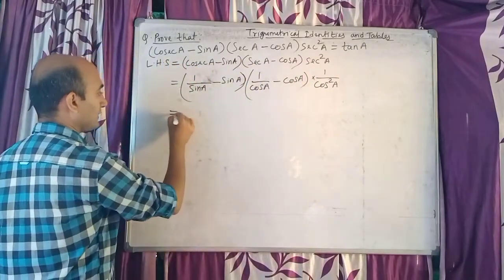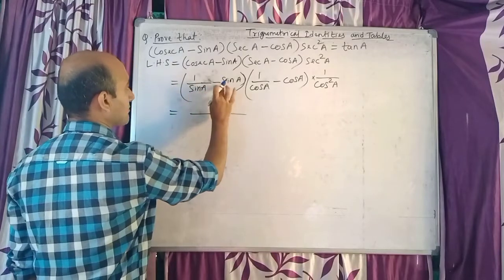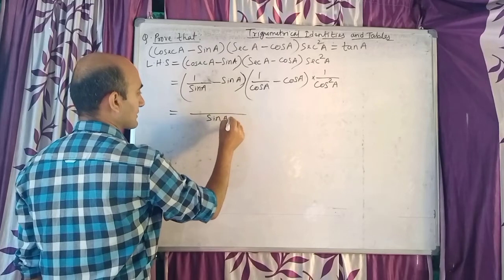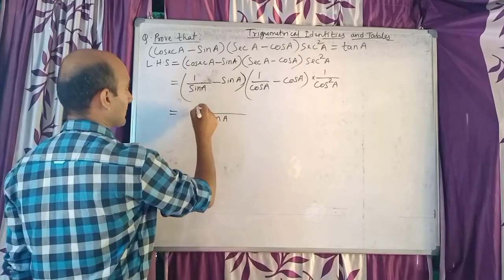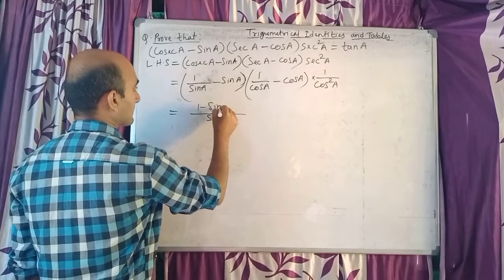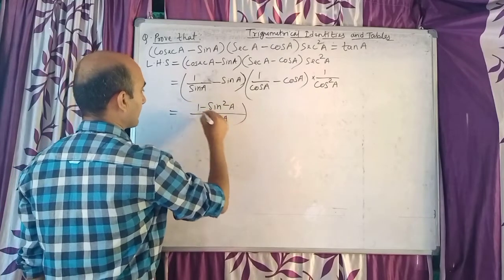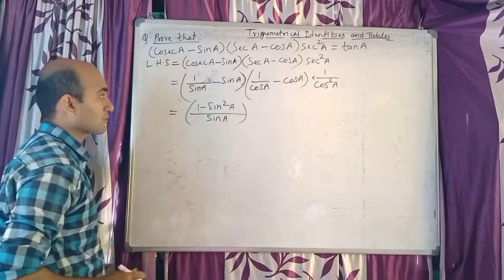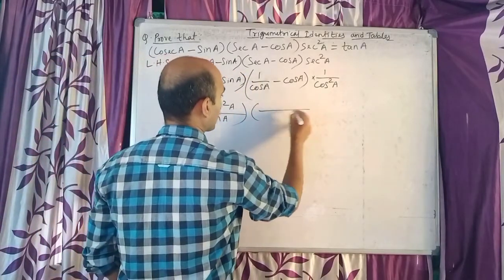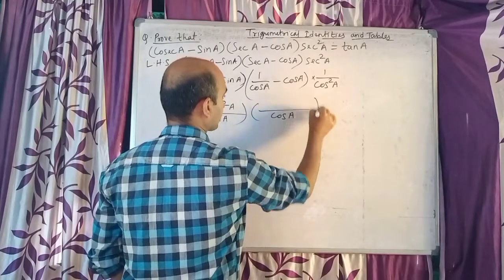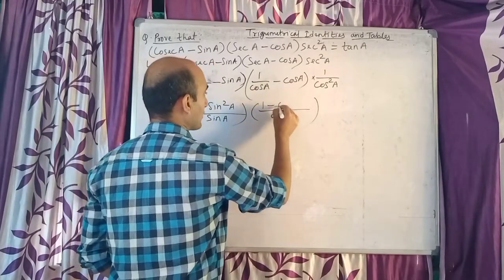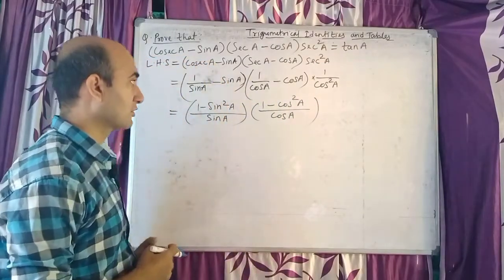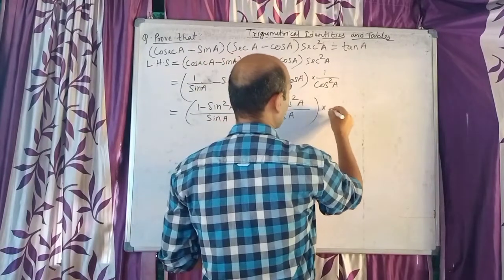Now do the LCM. Sin A and below this there is 1. 1 and sin A LCM is sin A. So my final result will be 1 minus sin square A, sin A into sin A, sin square A. Same thing, the LCM will be cos A, and on the top I will have 1 minus cos square A, into 1 by cos square A.